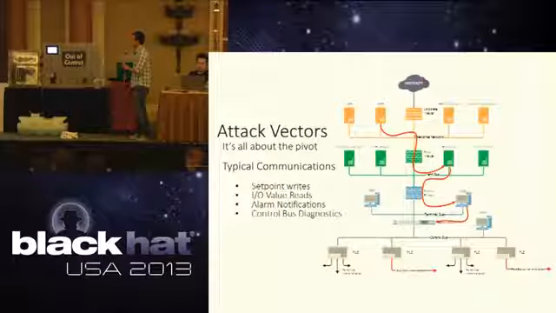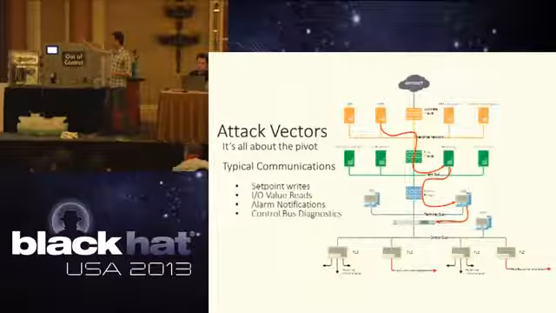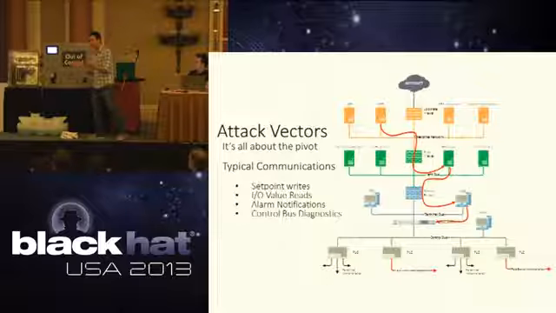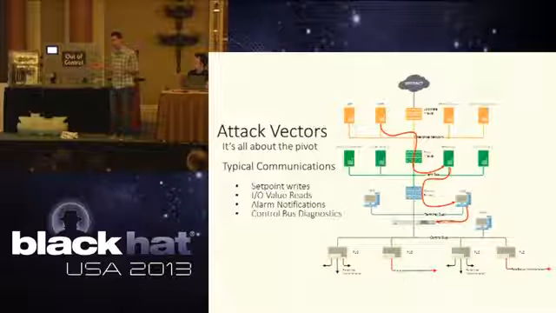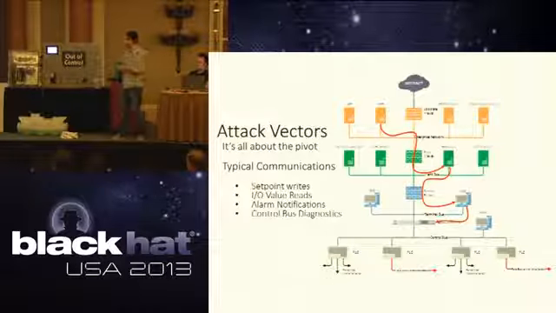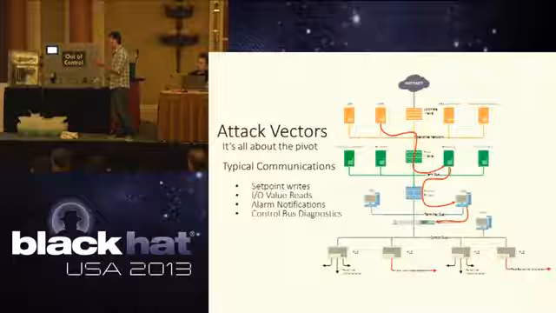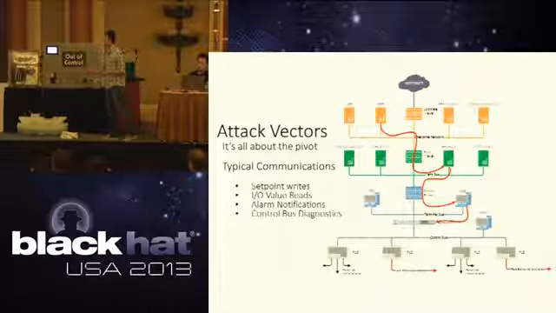One thing you can see here on this diagram is that there are two HMIs, and that's typical in a process control network. So if you end up getting on an HMI, you have to be very careful to synchronize that modification across all HMIs, unless you get to what's called an application server.